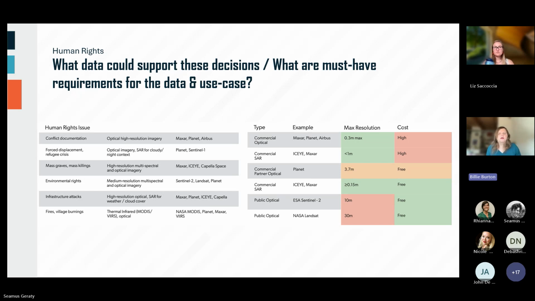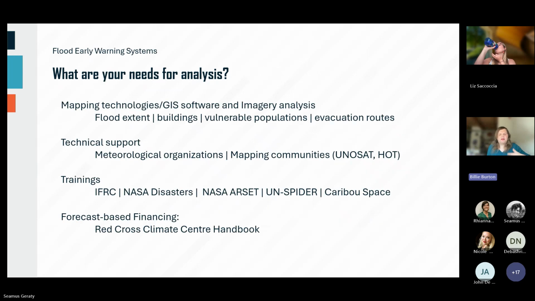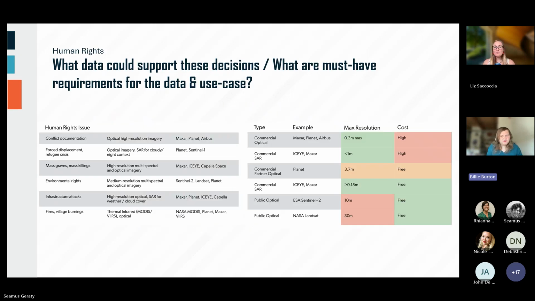But by partnering with commercial providers, in my case, we've been able to access much higher frequency imagery, not super high resolution. We're talking about like 0.3 meters a pixel, but still pretty good compared to what we were using before.